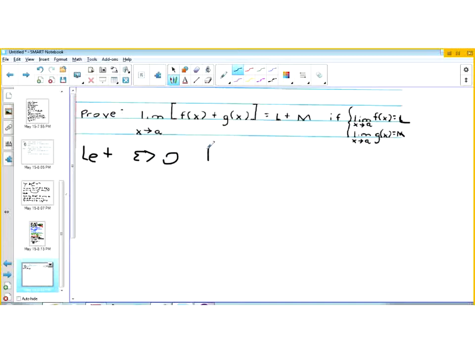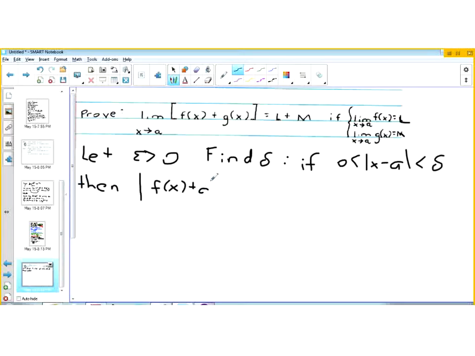So prove that the limit as x approaches a of f of x plus g of x is equal to L plus M if we have these two limits, shown right here. So here's how. We let epsilon be greater than 0, and we want to find a delta such that if 0 < |x - a| < delta, then we're within an epsilon distance of the sum of the functions.